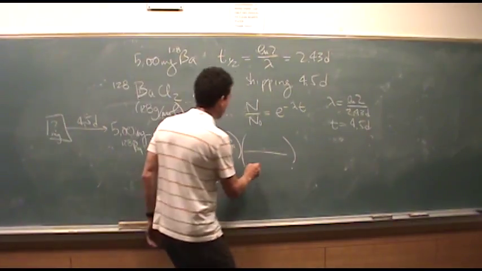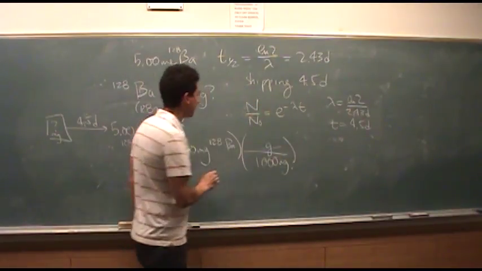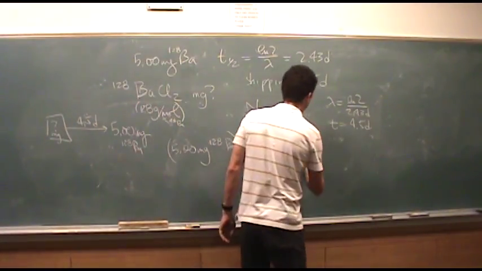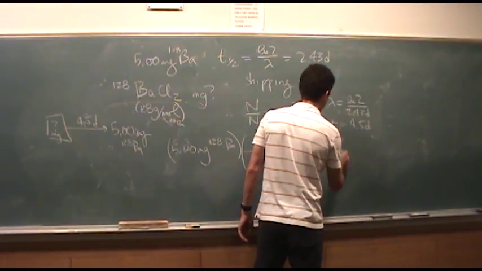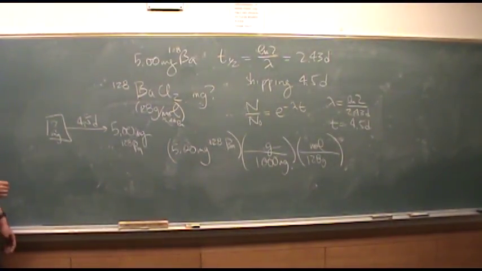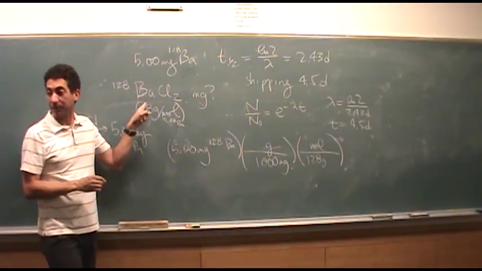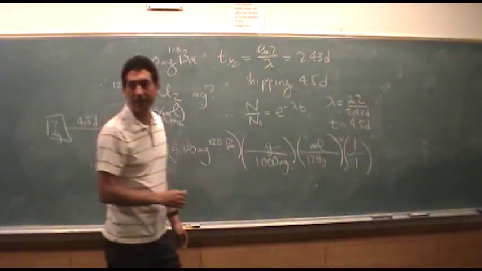Okay, sure, let's convert to grams. Now what? Use the molar mass given. Sure, molar mass. Now what? Ratio, which is 1. Okay, there's 1 barium for every barium chloride.